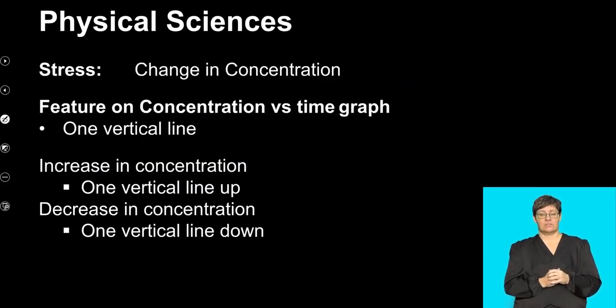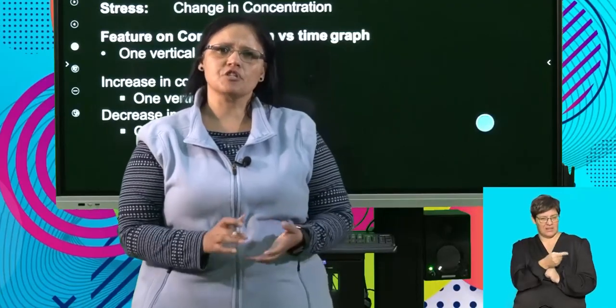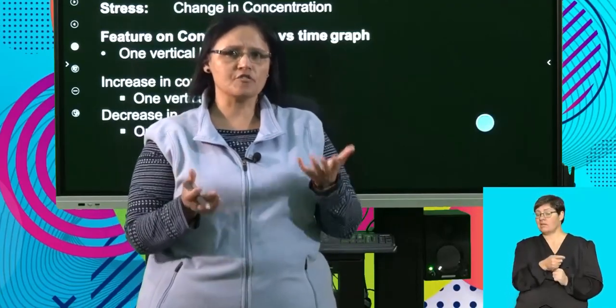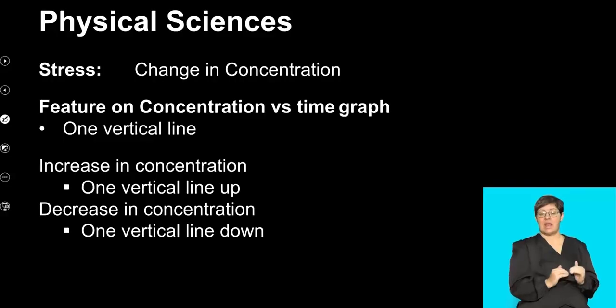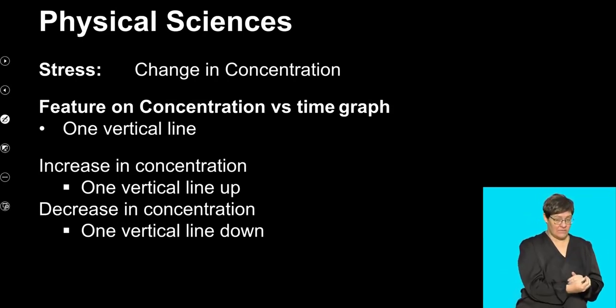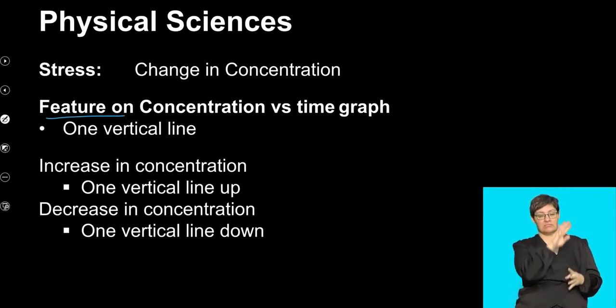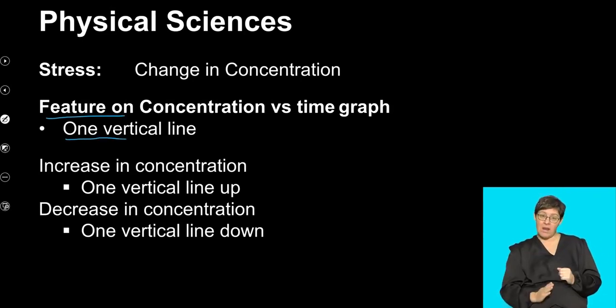Now, we're going to just quickly summarize what just happened on the concentration graph when one of the concentrations is increased or decreased. Specifically, we looked at an increase in concentration. When we have an increase in concentration, the feature on your concentration time graphs is there's one vertical line.